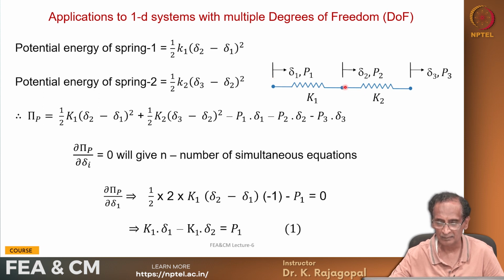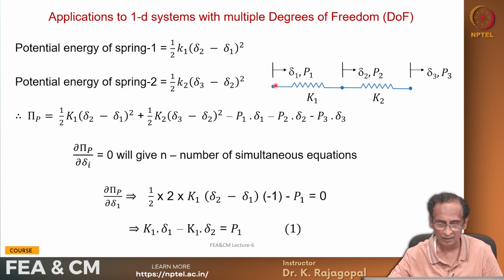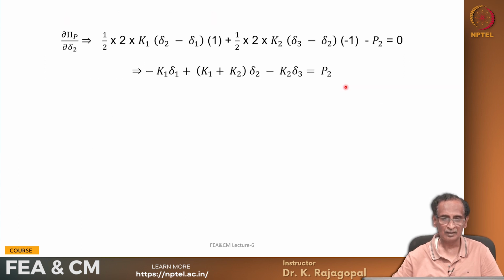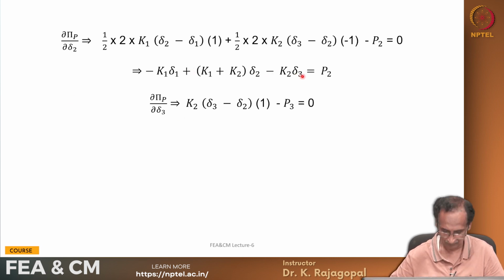So, if you apply some deformation delta 2, there will be a force developed at this degree of freedom and this degree of freedom, and also at its own degree of freedom. Okay? And so, that is minus k1 delta 1 plus (k1 plus k2) delta 2 minus k2 delta 3.